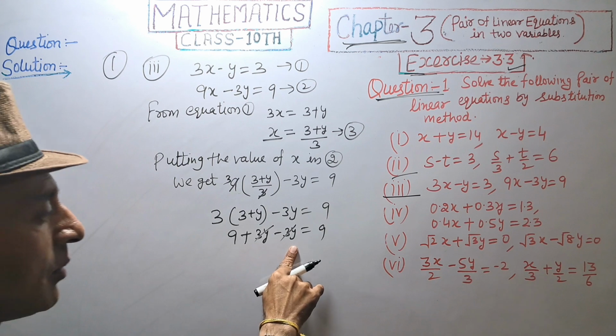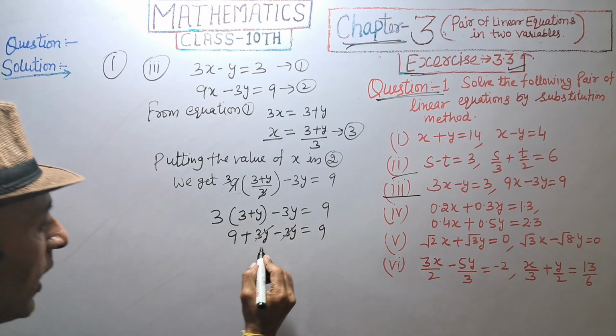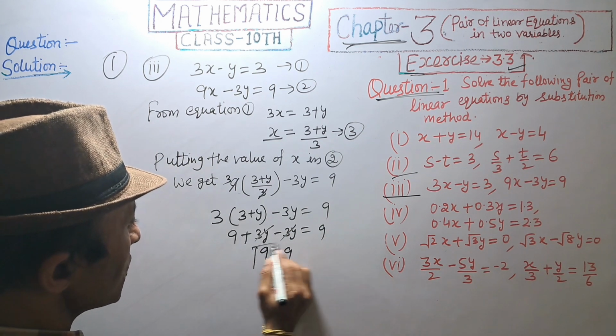Positive 3y, negative 3y, that is 0, and 9 is equal to 9.